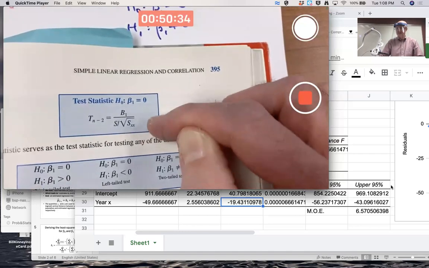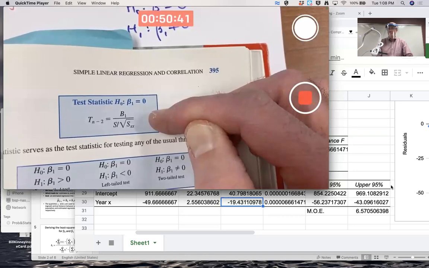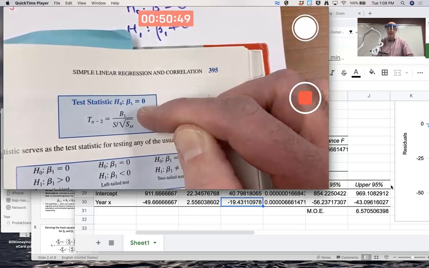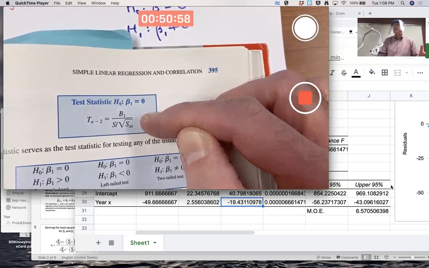We always do this test in this class and also in applied stats. We don't test for beta 1 as something non-zero, though you could. So this is like a B1 minus 0, and then we're dividing by something, and that something has always been related really to standard deviations.